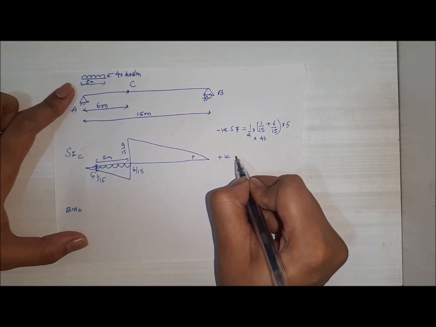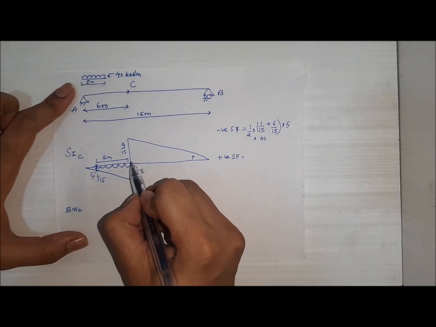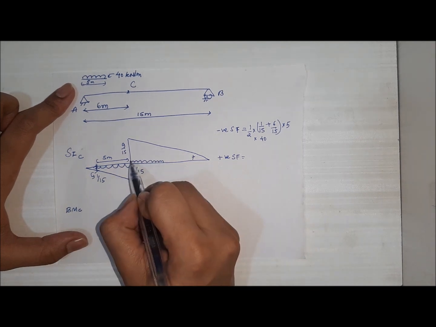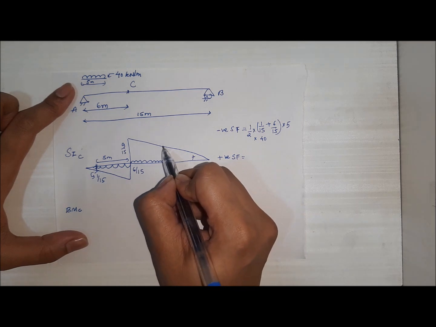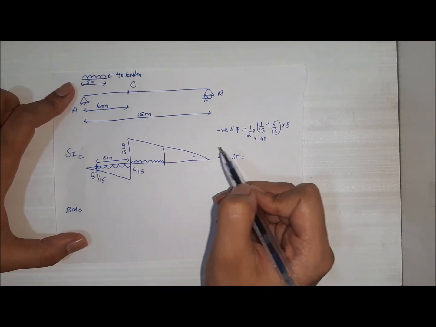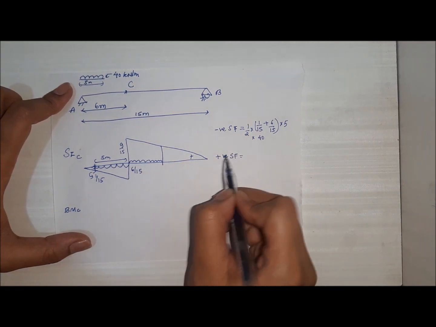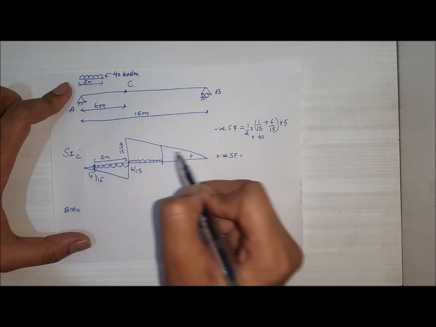Now we have to find the positive shear force. For this, we will assume that the UDL has travelled and its tail is now at C and its head is after C. The dimension between C and B is 9 meters, so we have the height as 9 by 15.